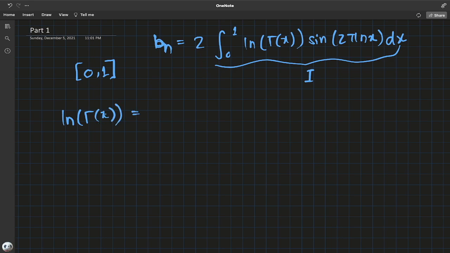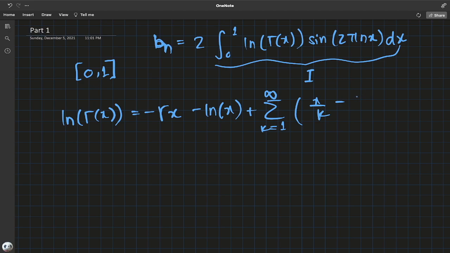You can take the product formula for the gamma function and take a natural log of it, so that the product becomes a sum by the properties of the natural log, and you basically get minus Euler-Mascheroni times x minus natural log of x plus the infinite sum running from k equals 1 to infinity of x over k minus natural log of 1 plus x over k.